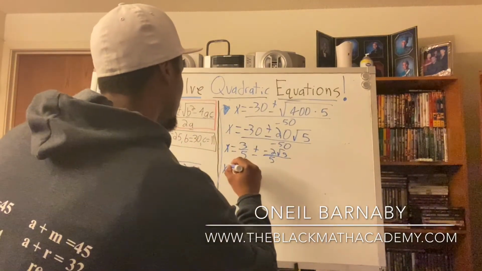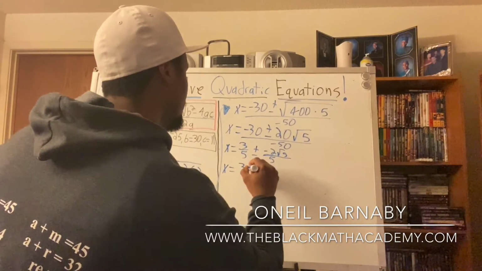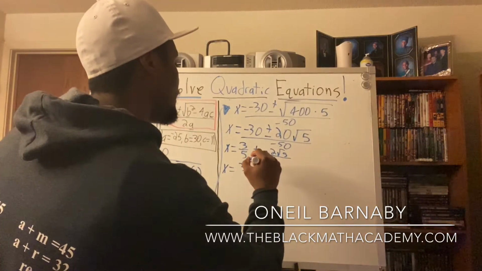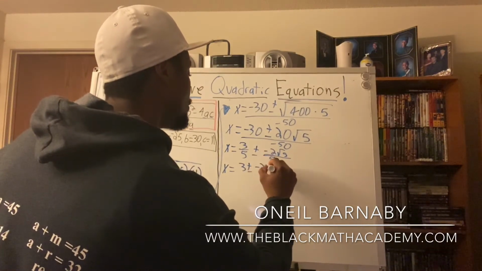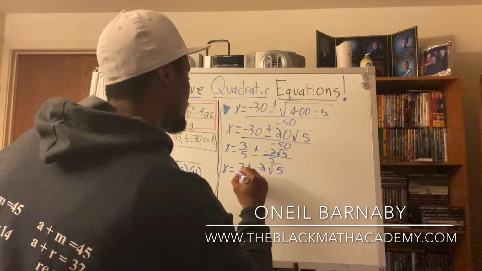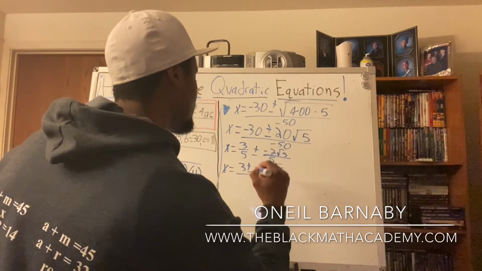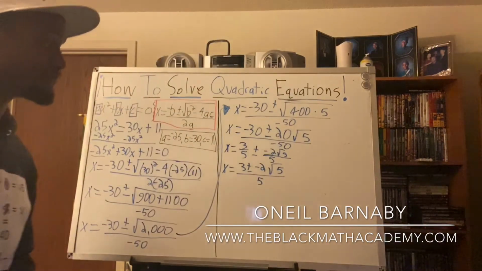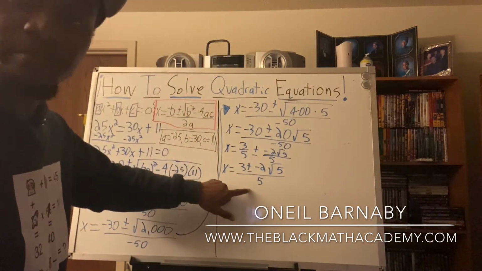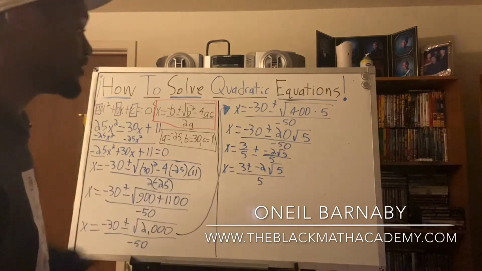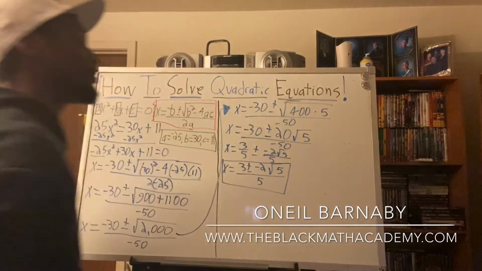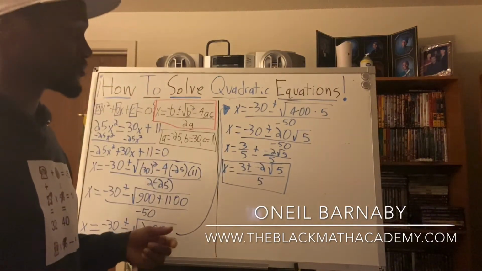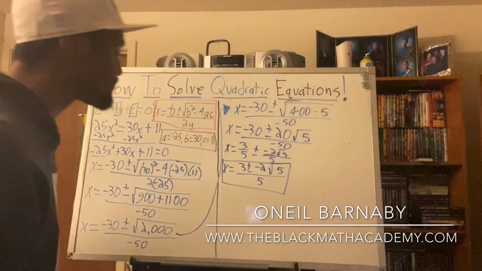So x would then equal 3 plus or minus 2 root 5, all over 5. And this is going to end up being the answer to the question. It'll be x equals this value here.